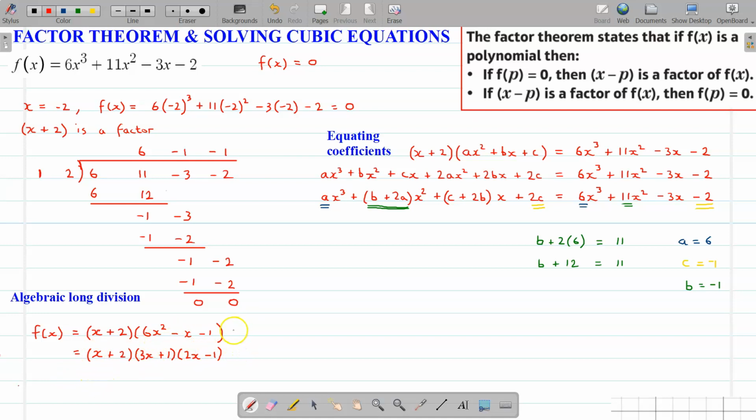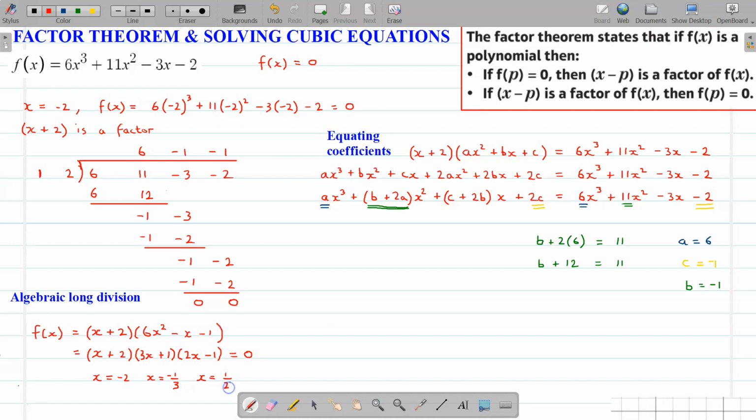And for it to equal 0, because that's what we're trying to do, solve the equation f of x equals 0, then clearly x can either be the number -2, which causes this bracket to be 0, or -1/3, which would cause the middle bracket to be 0, or it could be 1/2, which would cause this bracket to be 0.